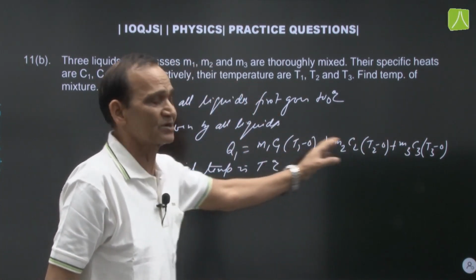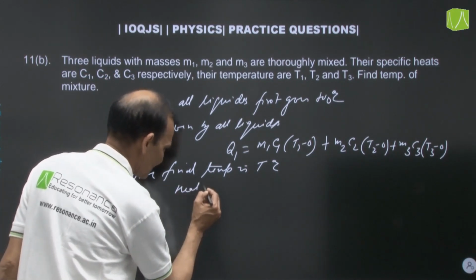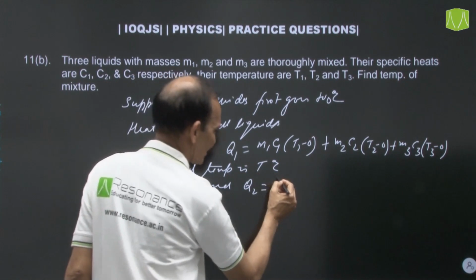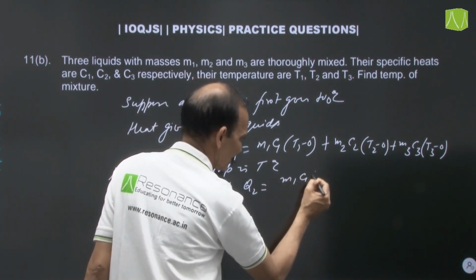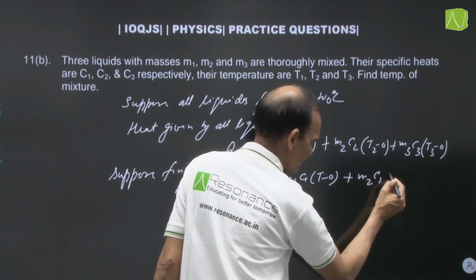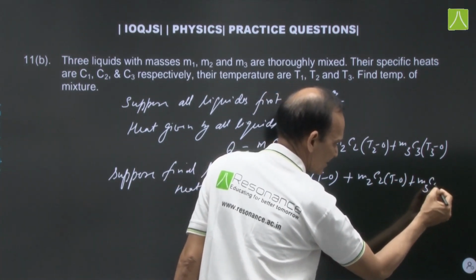Now all the liquids are at 0 degree Celsius. Then heat used, that is Q2 is equals to by first liquid m1 C1 into T minus 0 plus m2 C2 into T minus 0 plus m3 C3 into T minus 0.